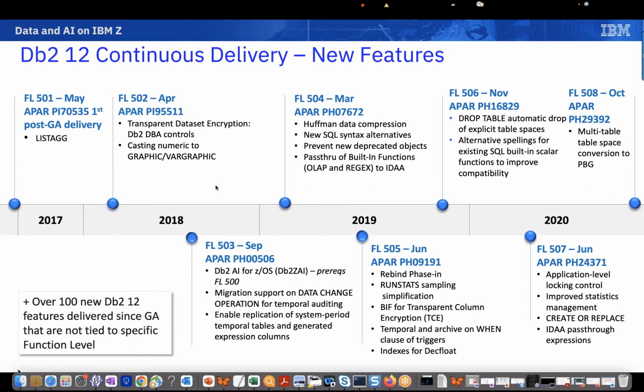Now, if new function is delivered outside of the function level scheme, then you could have a case where some of the members have on the new function APARs and some of them don't. So the behaviors on different members can be different depending on whether they have on a particular maintenance level or not. So if it's absolutely necessary to have every member have on the same level of code for a function, then we would tie it to a function level.